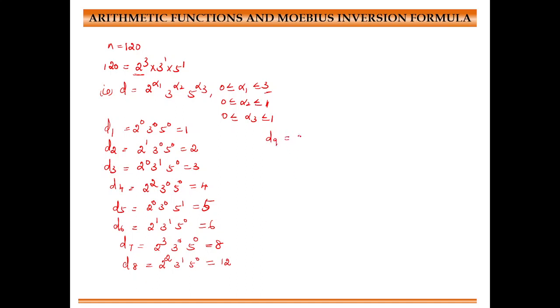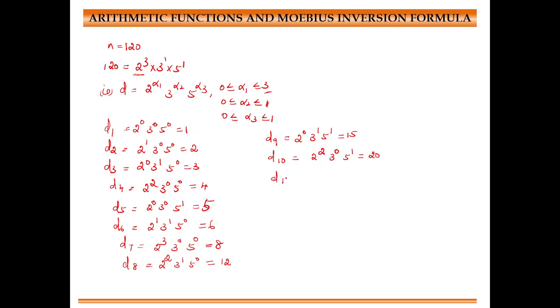D9 is equal to 2 power 0, 3 power 1, 5 power 1, which is 15. D10 is 2 squared, 3 power 0, 5 to the power 1, which is 20.